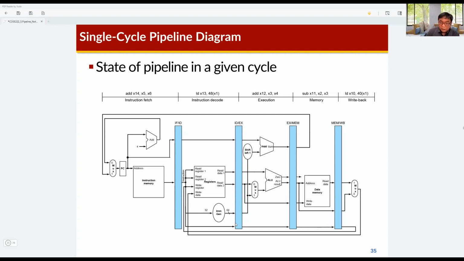At the same clock cycle, the load instruction is in the write back stage, sub is in the memory stage, and the add instruction is in the execution stage. Another load is in the ID stage, and that add instruction is in the instruction fetch stage. So the single cycle pipeline diagram just focuses on how instructions are assigned to each pipeline stage during one clock cycle.